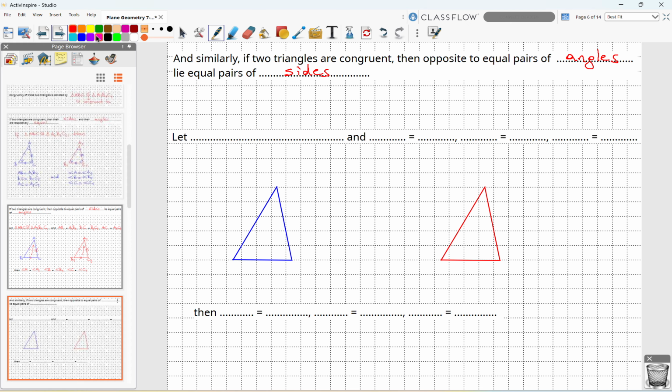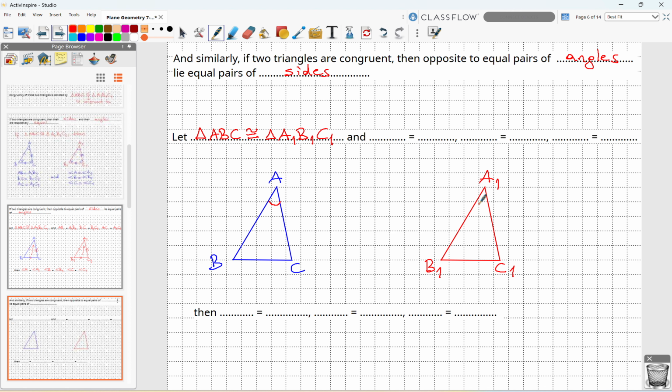For example, let's say again that triangle ABC is congruent to triangle A1B1C1, and we are given angles this time.